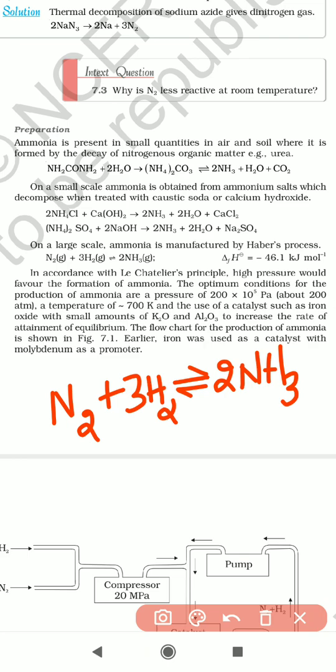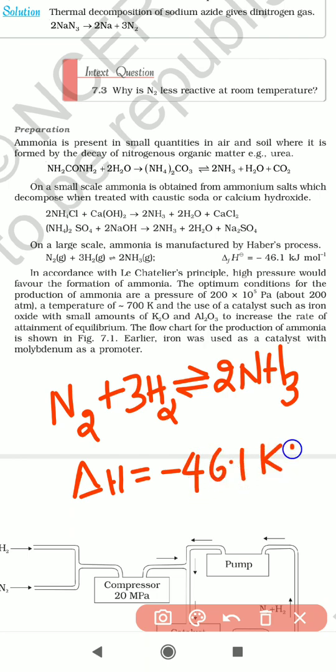So this process is called Haber's process. The total change in enthalpy, delta H, is minus 46.1 kilojoule per mole, which means that amount of heat energy is released during the Haber process.